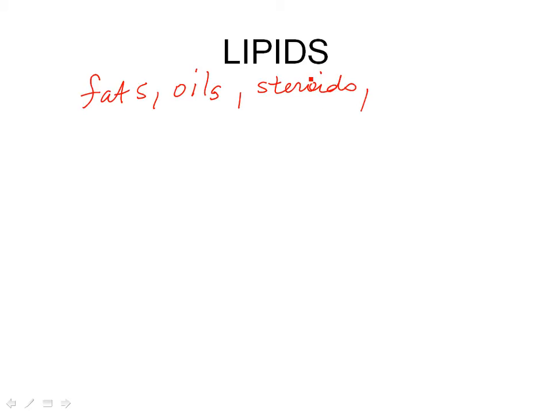You would not have to draw a steroid. So let's look at the basic building blocks for the lipids. The lipids, remember, had to have a 3-carbon alcohol group. Remember, alcohols always have the functional group, the hydroxyl group, attached.